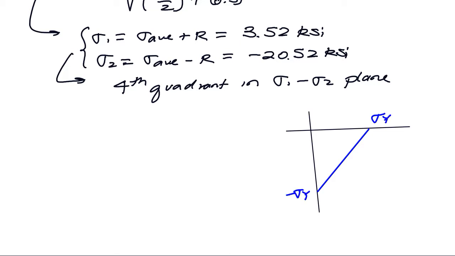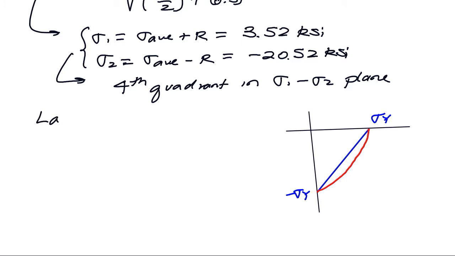We recall that the maximum distortional energy boundary is an ellipse given by this. And what we want to do is calculate what the load line is for our principal stresses.